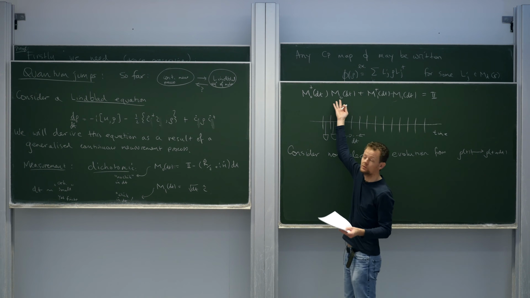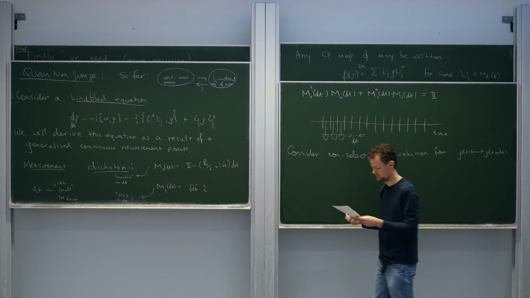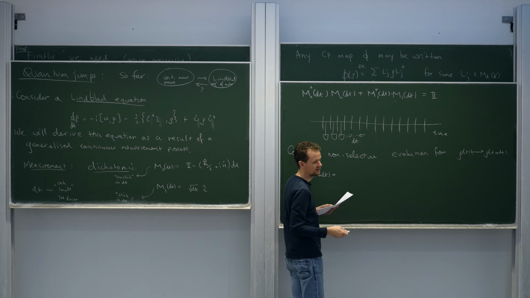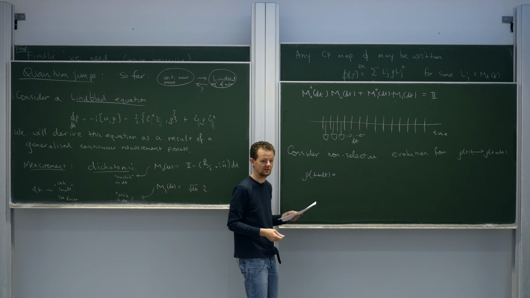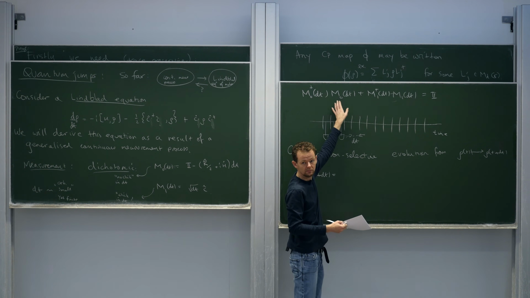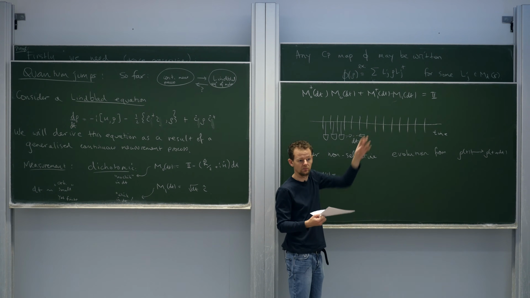And it's just a matter of using this instrument here, the definition of it. So the definition of this instrument is that the posterior state after the measurement has taken place will be m0 rho m0 dagger plus m1 rho m1 dagger.